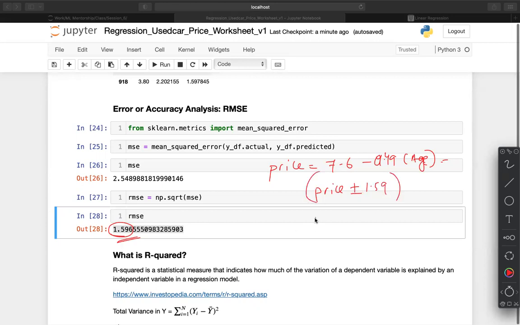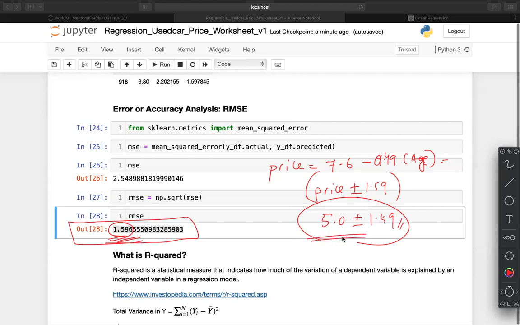If it says the car would be sold at 5 lakh rupees, it would be plus or minus 1.59 on average. It's an average estimation. We'll look at intervals a little more later, but you can intuitively think like this. Of course, it's a very large error interval.